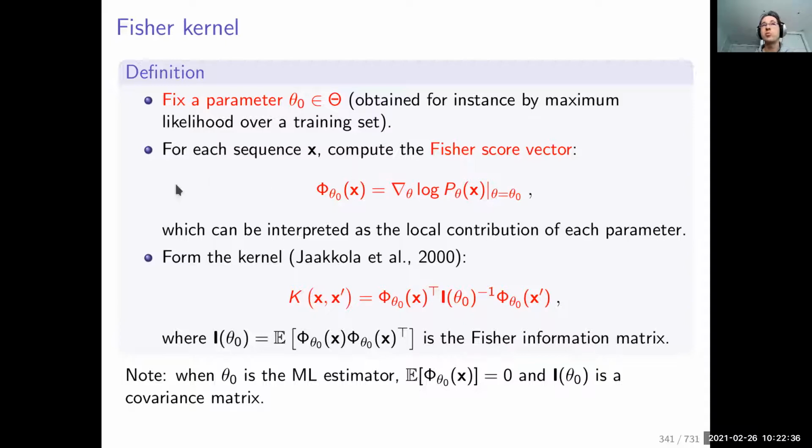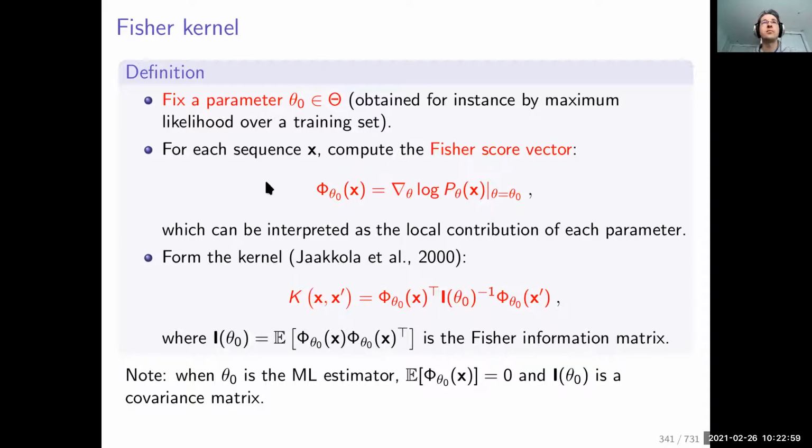Now, a quantity which is interesting beyond kernel methods simply because it has a nice interpretation is called the Fisher score vector, which is simply what? It's simply the gradient of the log probability p theta of x evaluated at theta 0.